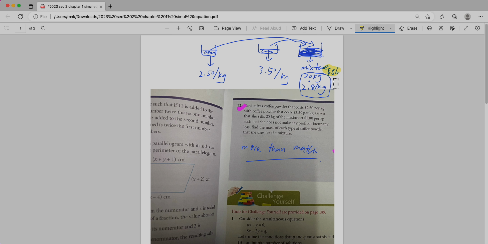So this $56 is paid to buy some $2.50 per kg powder and some $3.50 per kg powder. So this is the first step.